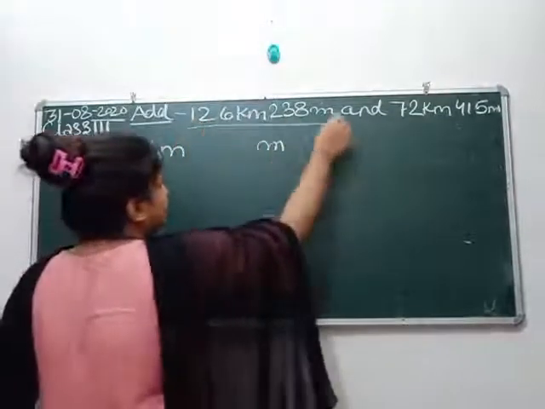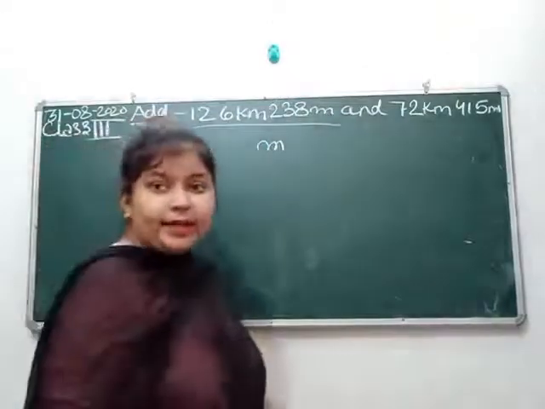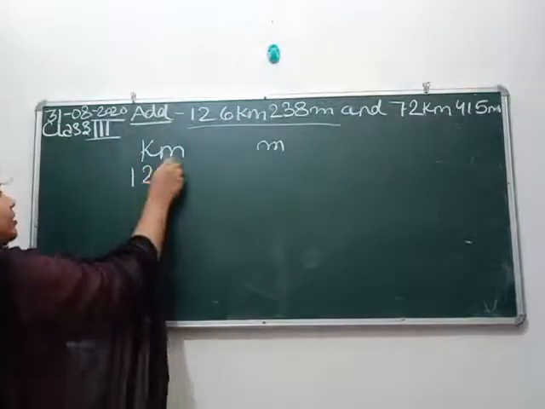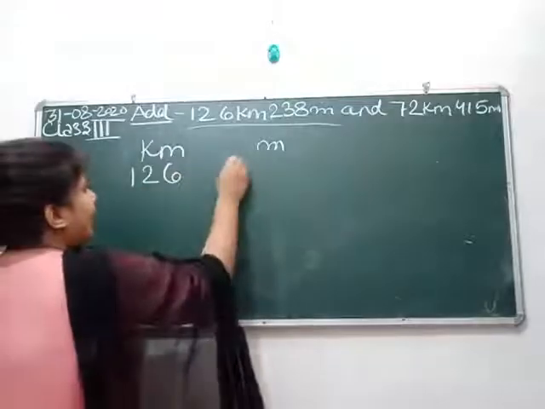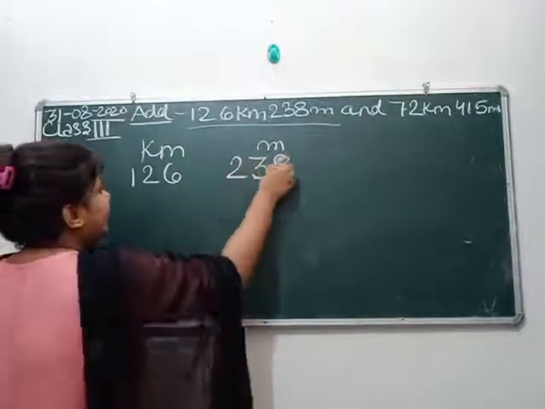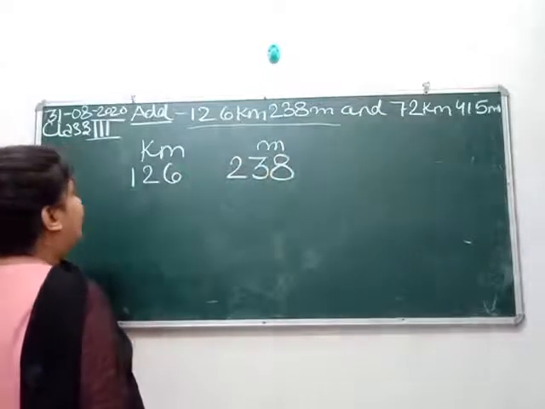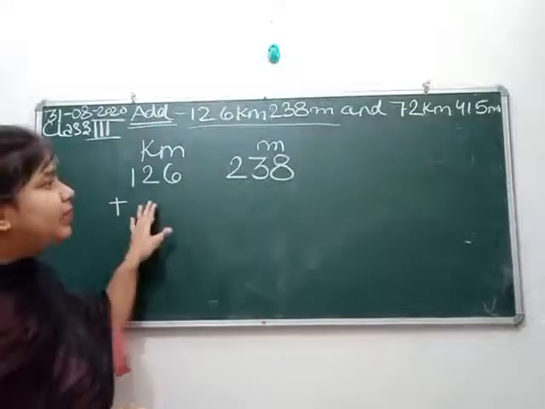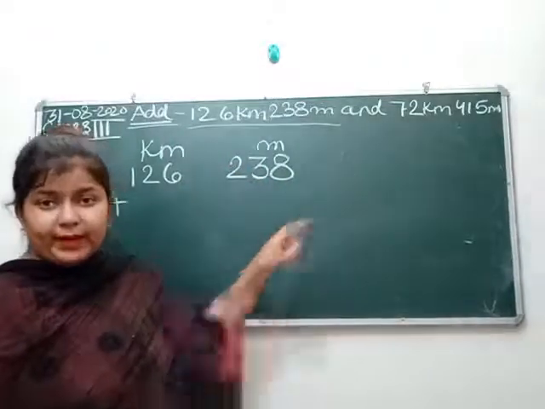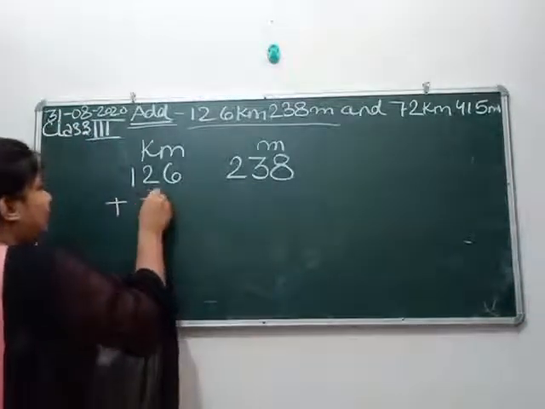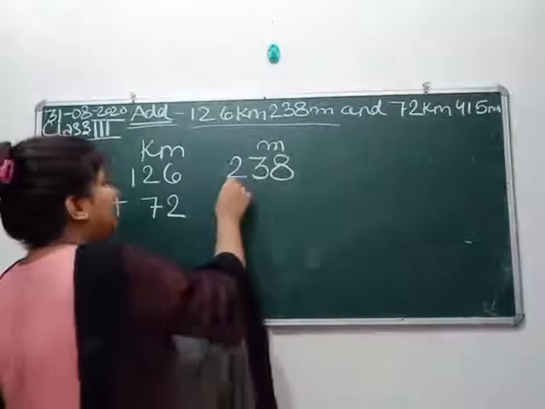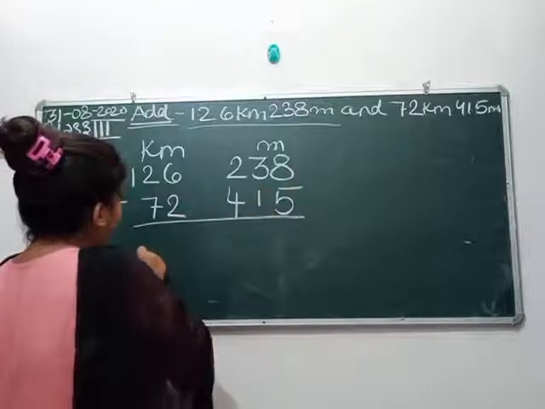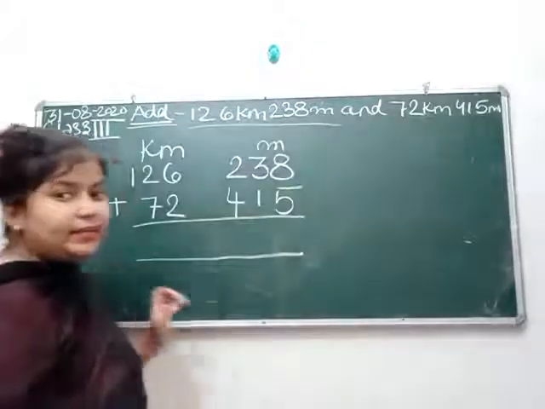Here we are having 126 kilometers and 238 meter. Now we have to add 72 kilometer and 415 meter. Okay, now solve it like a simple addition. Come on, solve it like a simple addition.